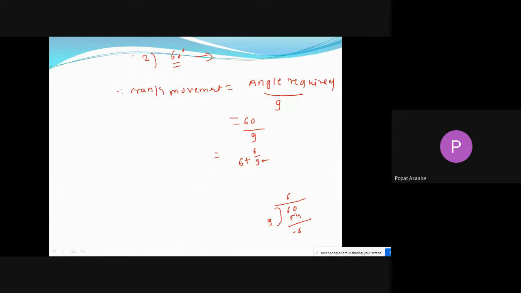So again we have to multiply it by a suitable number. 6 plus 6 divided by 9, again we can simplify it. That is 2 divided by 3. 2 upon 3. Good.